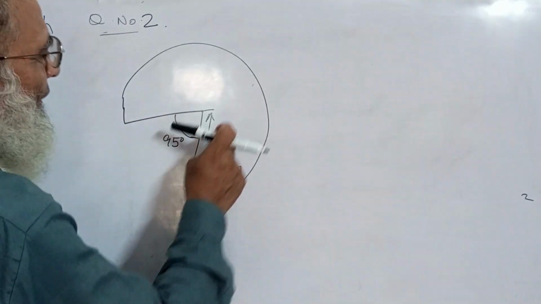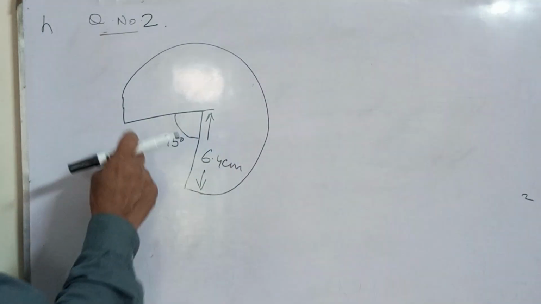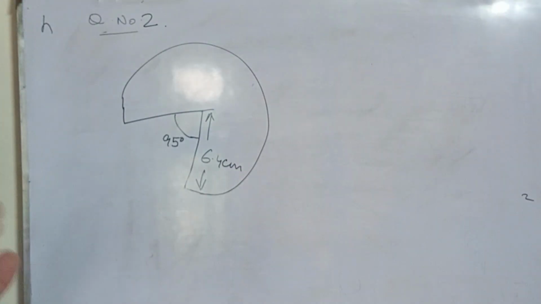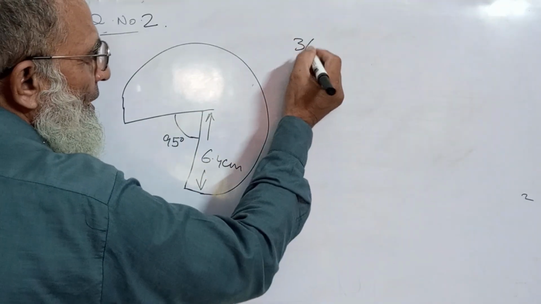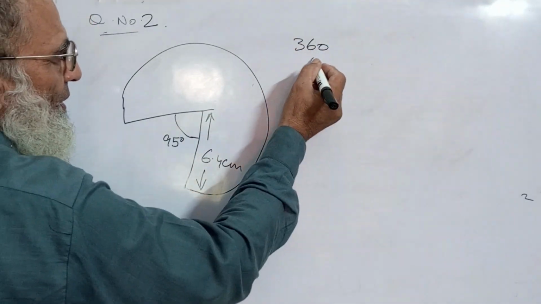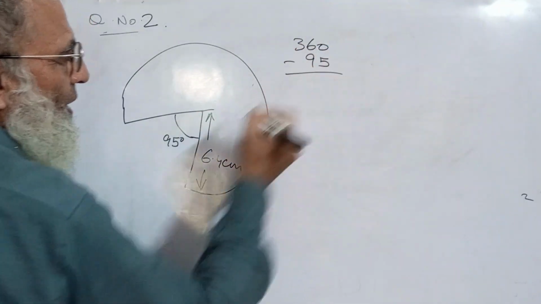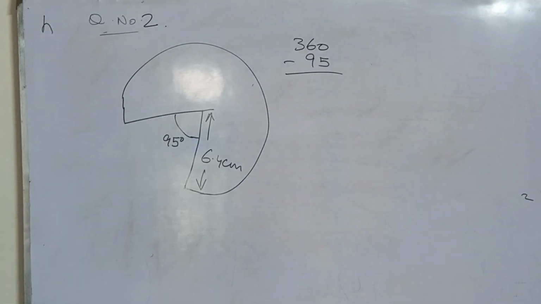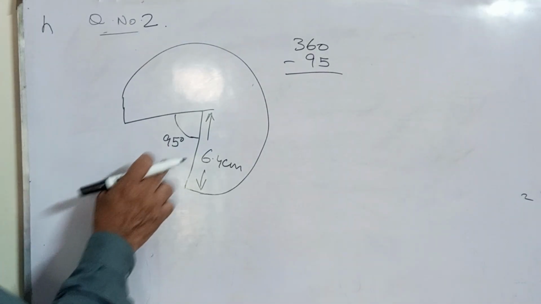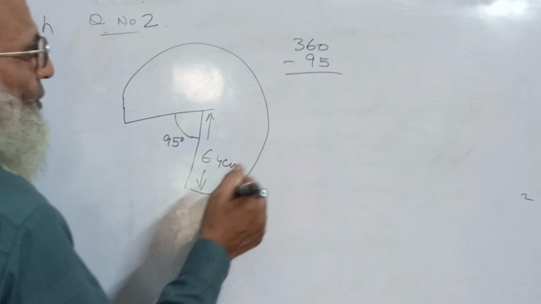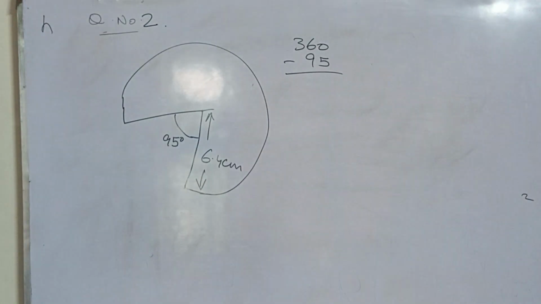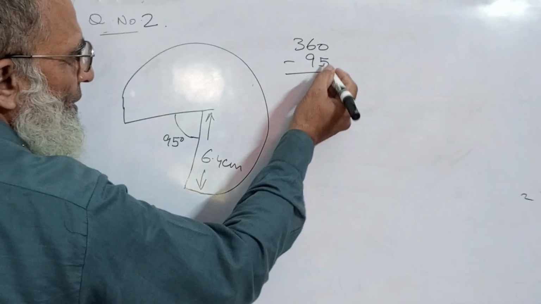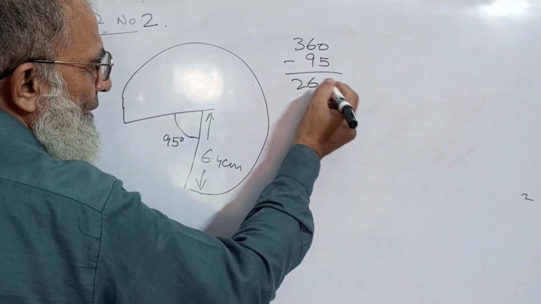So my dear students, we'll calculate this angle first, because all the angles in the circle are 360 degree. We'll just subtract 95 out of it, because 95 has been cut out from this. So suppose it is 260, but minus 5, 260.